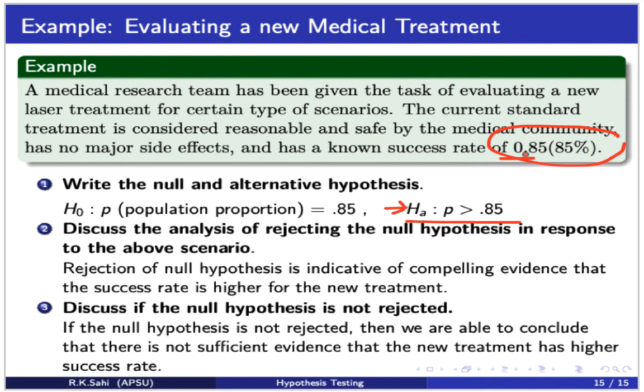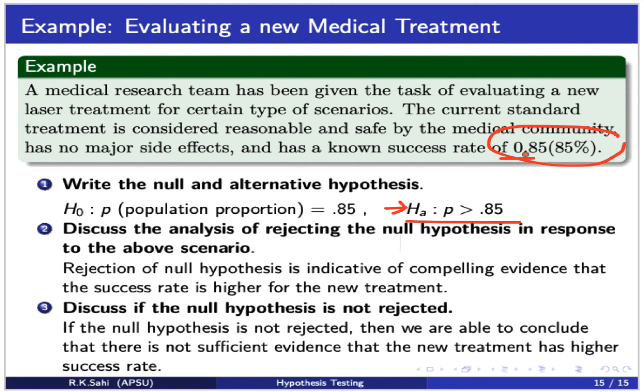Because remember, in order to have a new kind of treatment, there's a lot of expense and a lot of new learning, a lot of things have to work. I'm just trying to give you a very logical reason why the alternative hypothesis has to be strictly greater than.